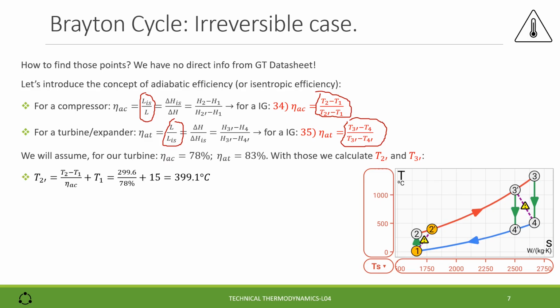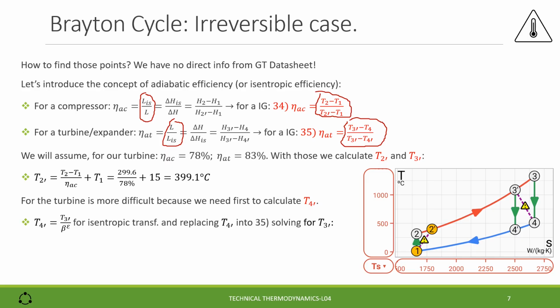T2 prime is (T2 minus T1) over eta plus T1, where eta is the efficiency of the compressor, and we find 399.1 Celsius. For the turbine, the calculation is a little bit more difficult because we need first to calculate T4 prime.